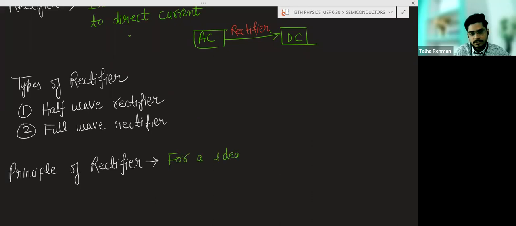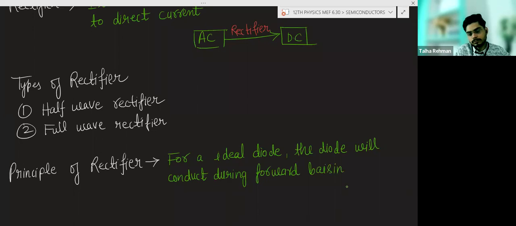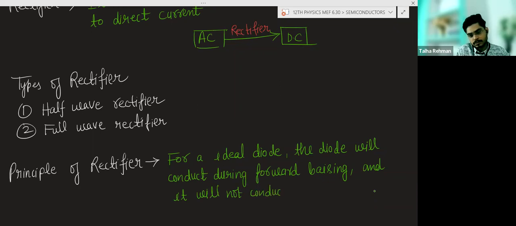So the principle of rectifier: for an ideal diode, the diode will conduct during forward biasing and it will not conduct during reverse biasing.